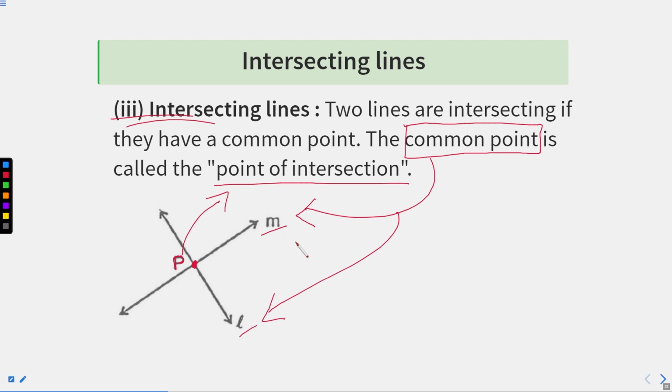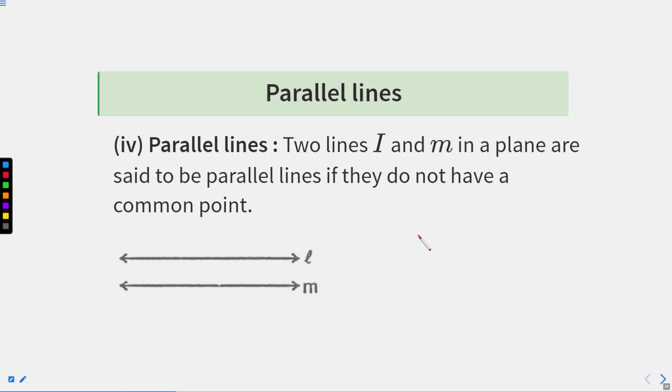So let's move to the next definition. The next definition is parallel lines. I've already given you what parallel lines are. Two lines, say L and M, are said to be parallel if they do not have a common point, or we can say they do not intersect.